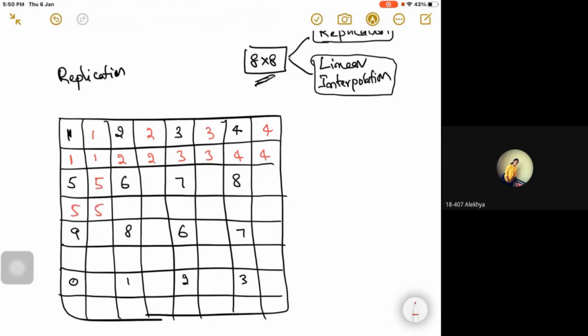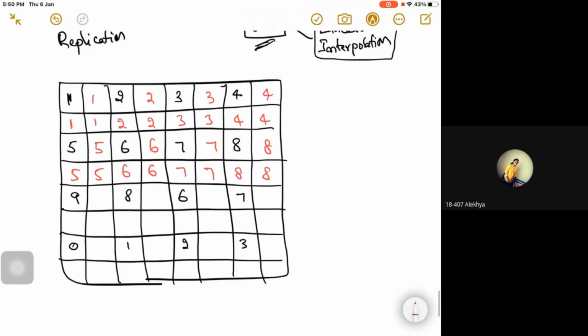6, 7, 8, and then 9 for these 3, 8 here for these 3 cells, 6 for these 3, 7 for these 3, and then 0, 1, 2, and 3.